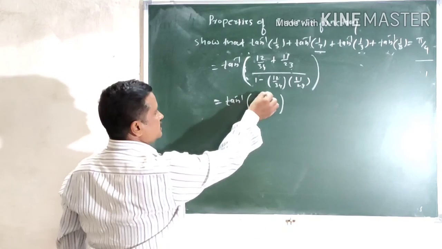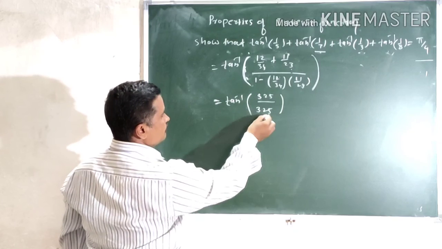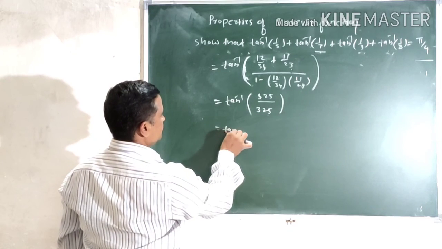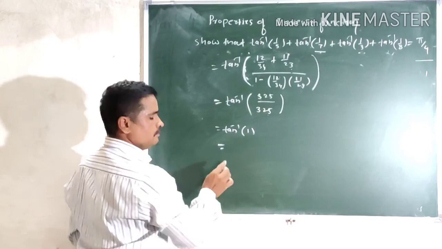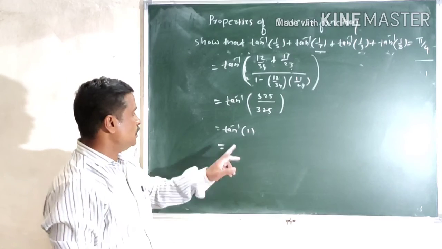So it is nothing but 325 by 325, that is tan inverse of 1.